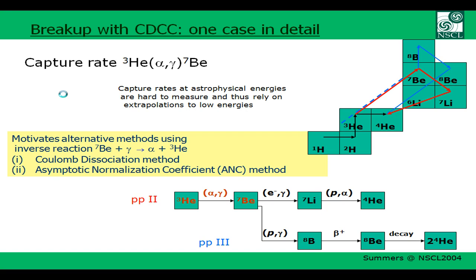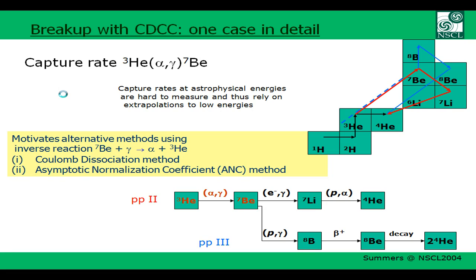So these two methods are standard methods that are used to extract astrophysical information, and in particular it was thought that perhaps they could be used for the beryllium-7 case. Okay? Now, they both will involve some sort of breakup calculation. In one case you do the breakup because you want to be Coulomb dominated, you want this to really be sensitive to the Coulomb transition, so that you have a direct relationship to the Coulomb transition involved here.